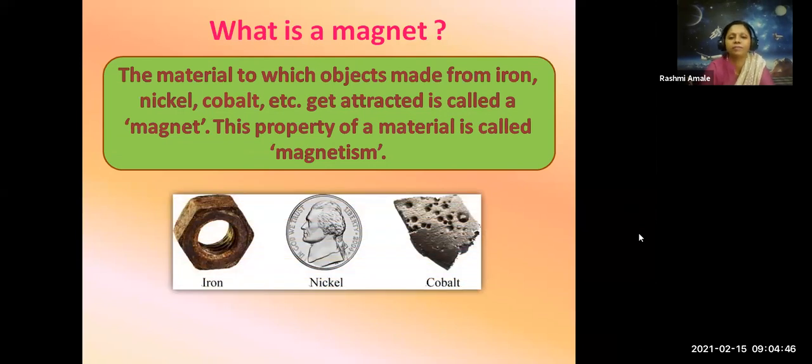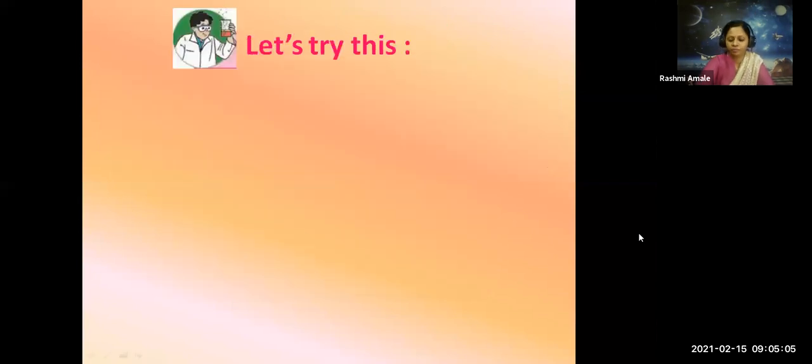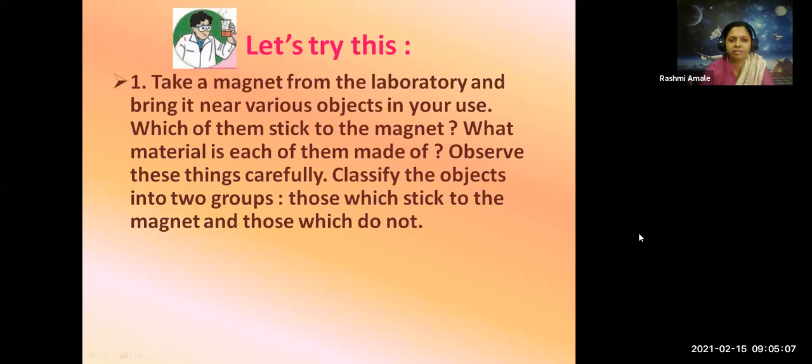You can see here pictures of iron, nickel, cobalt. These three materials get attracted to a magnet. It is a kind of rock to which all these three materials get attracted, and this property of that material is called magnetism.